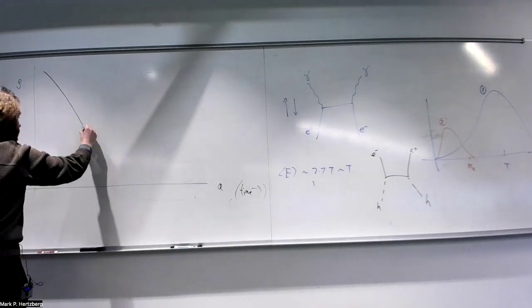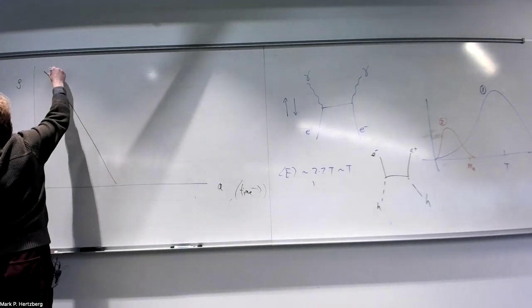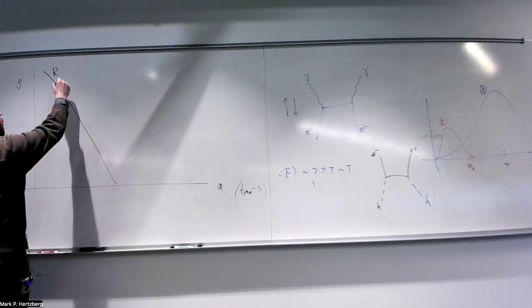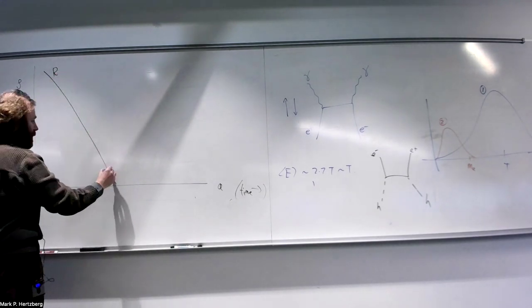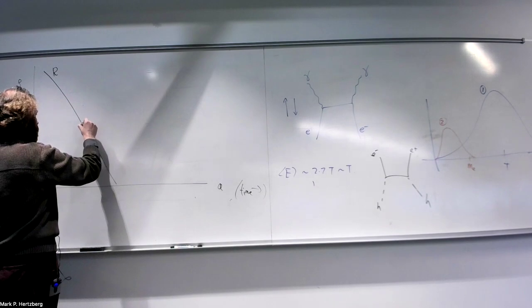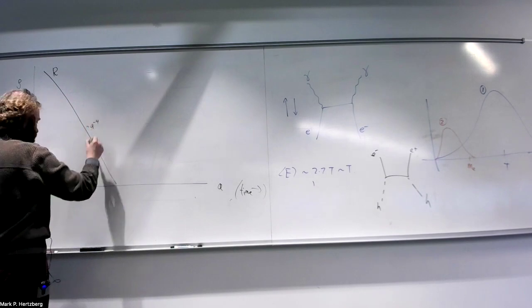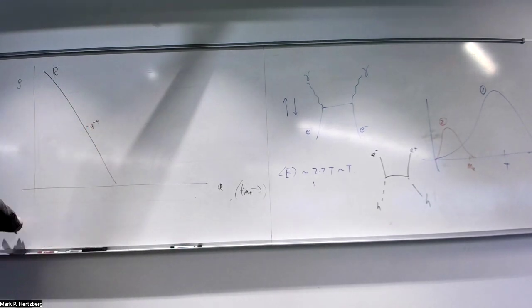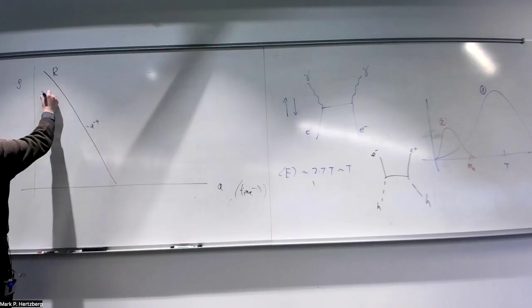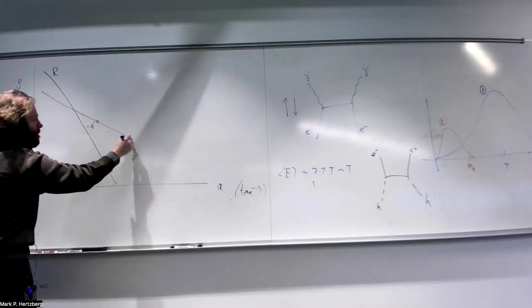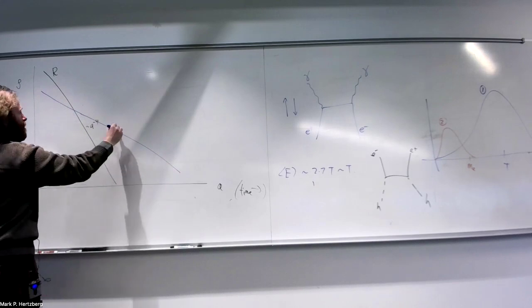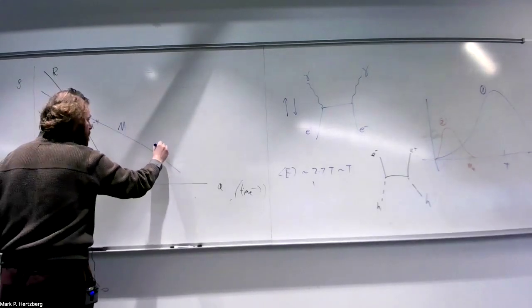Okay, so let's say this is radiation, or R for relativistic stuff, right? Which went like A to the minus 4. And then there's matter, A to the minus 3.